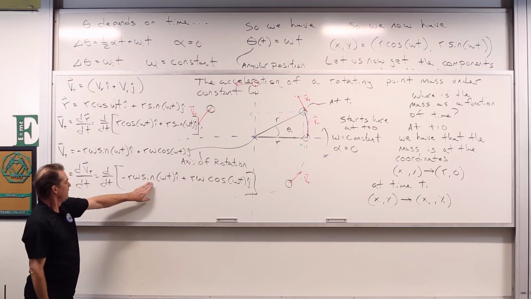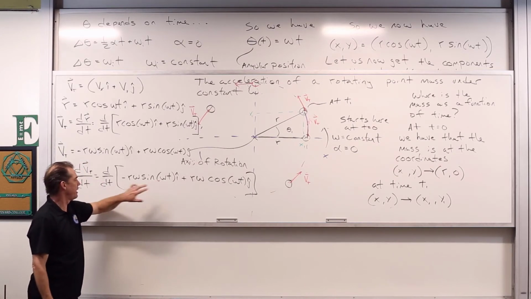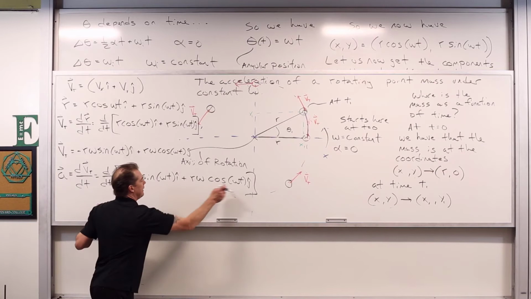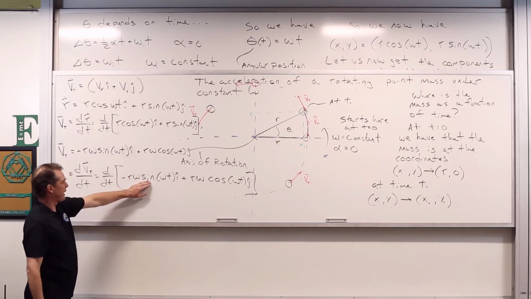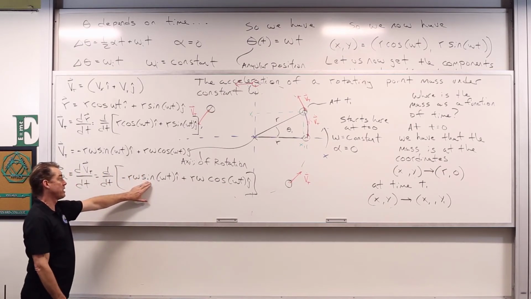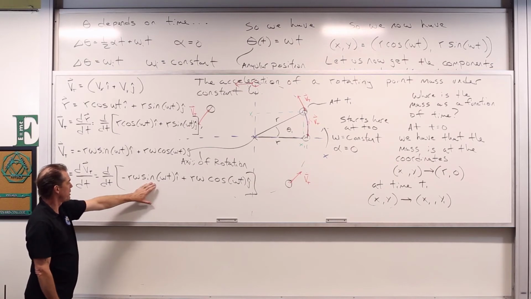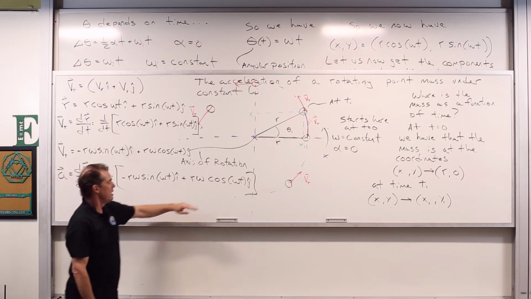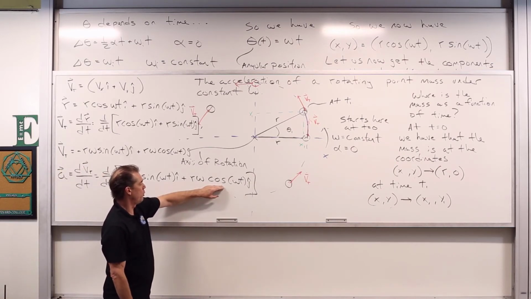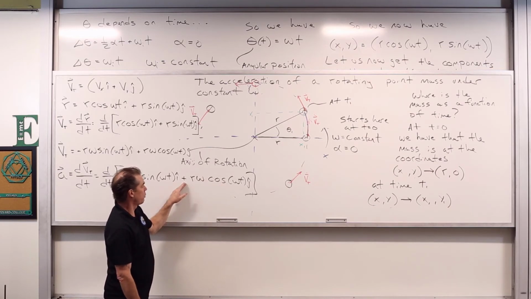Again, we've got an interior function here. We'll get another factor of omega here, another factor of omega there. The derivative of sine is cosine, so this will change to cosine, and negative sine stays there. This cosine will change to negative sine, so this will become negative.